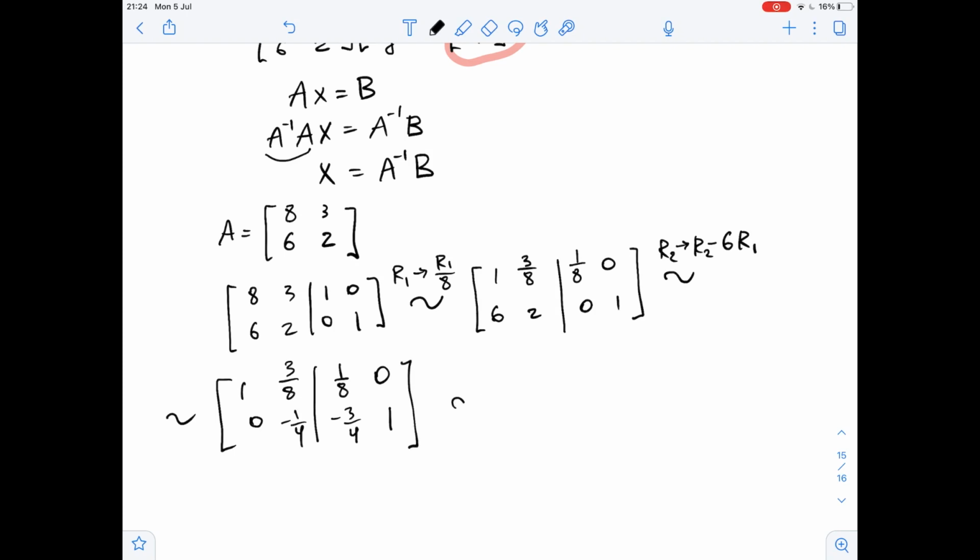Next we multiply the second row by negative 4. So row 2 becomes negative 4 times row 2. Again the first row stays the same, but in the second row we have 0, 1, 3, and negative 4.